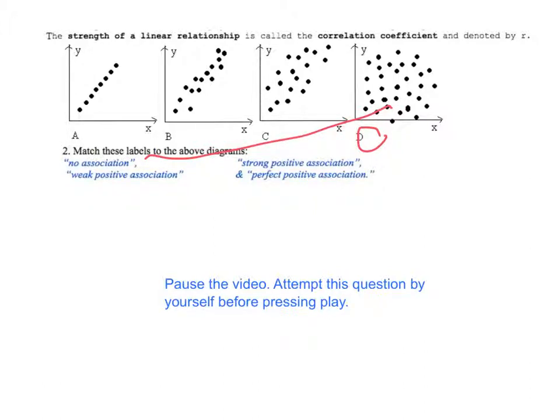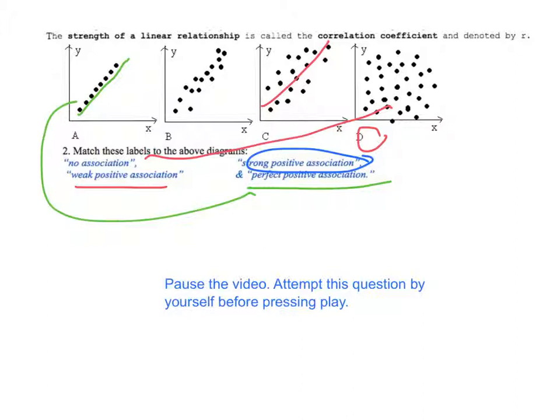And for this one, which is very tightly linked to a line, we say this is perfect positive association. And the next one is this. This is a weak positive association, whereas the last one is strong positive association.